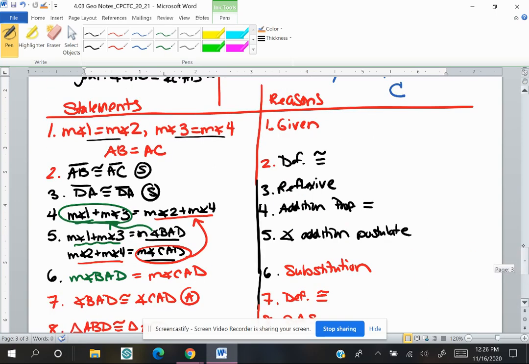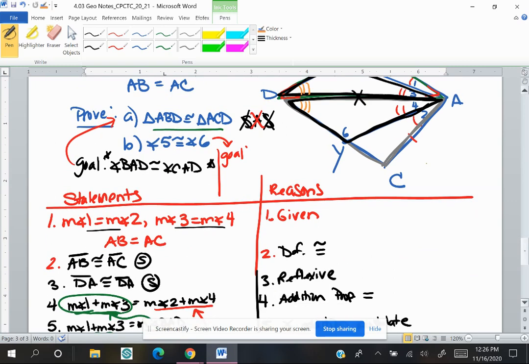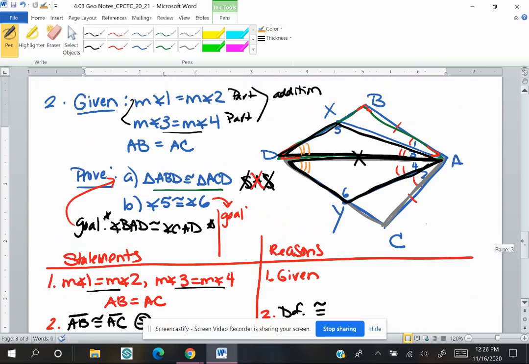So now I'm looking to get a whole other pair of triangles to be congruent. Let's work backwards again. I'm trying to get angle 5 congruent to angle 6. And I know that angle 5 is a part of triangle DXA, and angle 6 is a part of triangle DYA. Again, make sure you match up those corresponding parts.